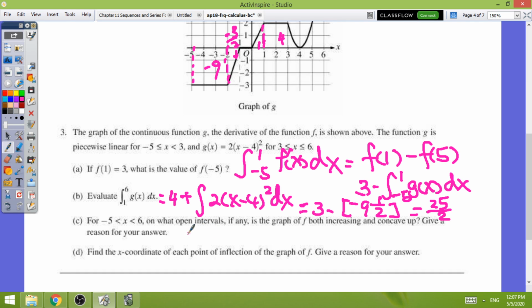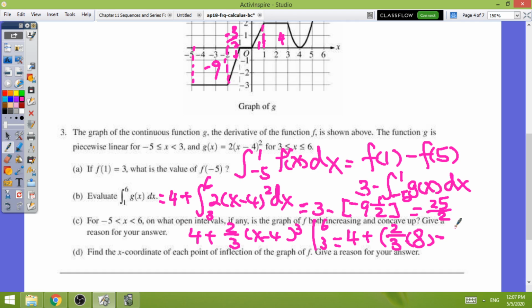You'll end up with 4 plus 2/3 times the quantity x minus 4 to the power of 3, from 3 to 6. Using FTC, that's 2/3 times 8, just show all the work here, minus 2/3 times -1, and then you'll get 10.